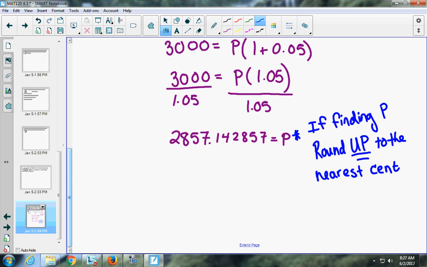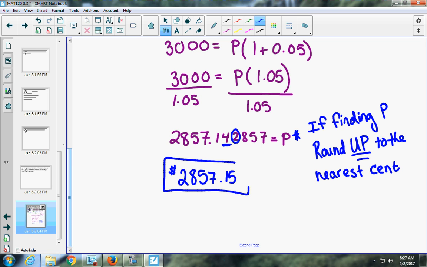So remember, cents are in the hundredth spot. We normally look at the thousandth spot to help us round. But in this case, even though with a 2 we would normally round down, because we're solving for the principal, we're going to bump it up and say that we need to put in 15 cents, not 14 cents.